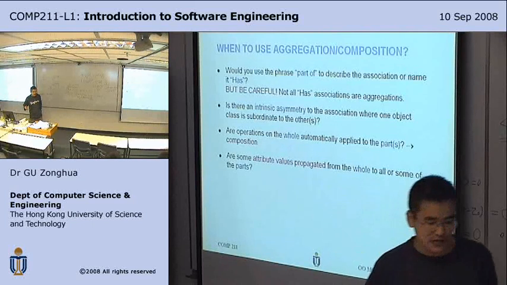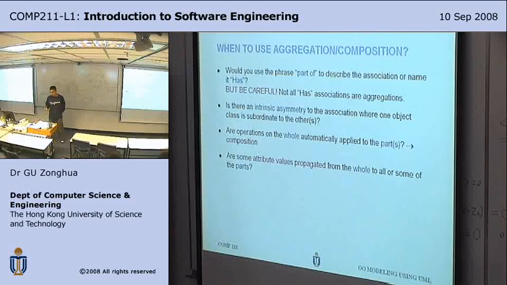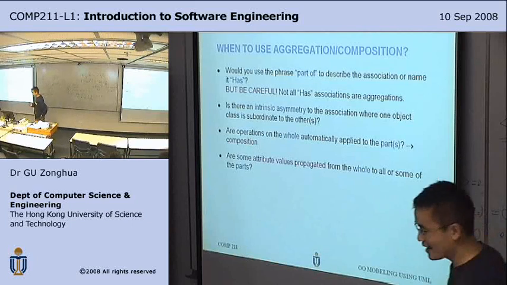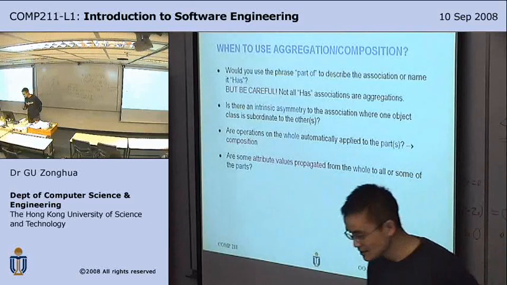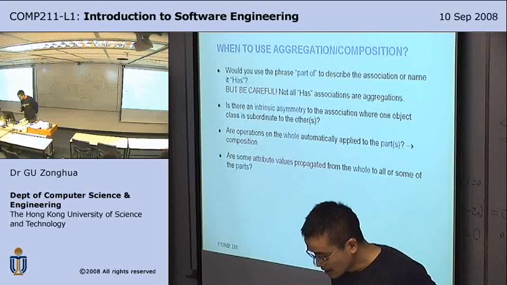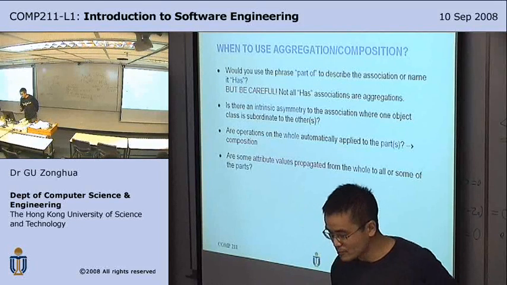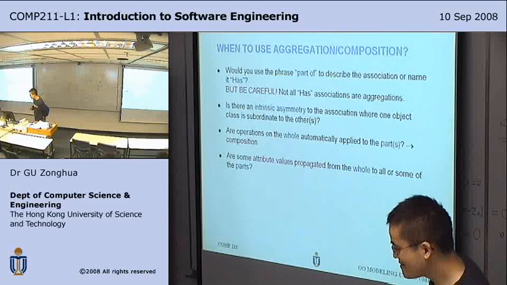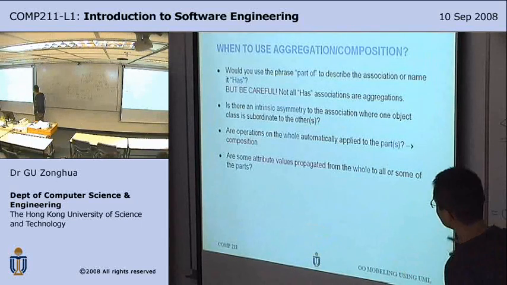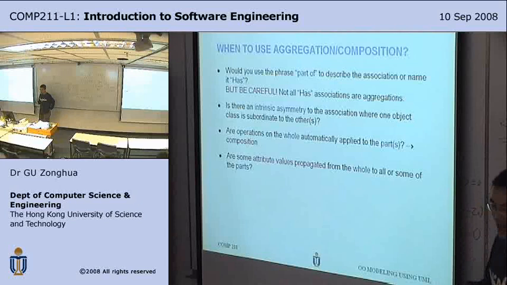You can say it both ways. So I have 5 students, or students can say I have a professor as advisor. So it's really a symmetric relationship. So are operations on the whole automatically applied to the part? If it's true, then it's composition. Otherwise, it's more likely aggregation.